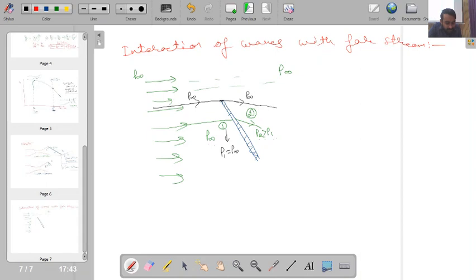Above this particular line the pressure is P infinity, and below it the pressure is P2, which is greater than P infinity. Because this line is not passing through the shock wave, let me consider that this line is moving as a horizontal boundary, a horizontal line, at P infinity.